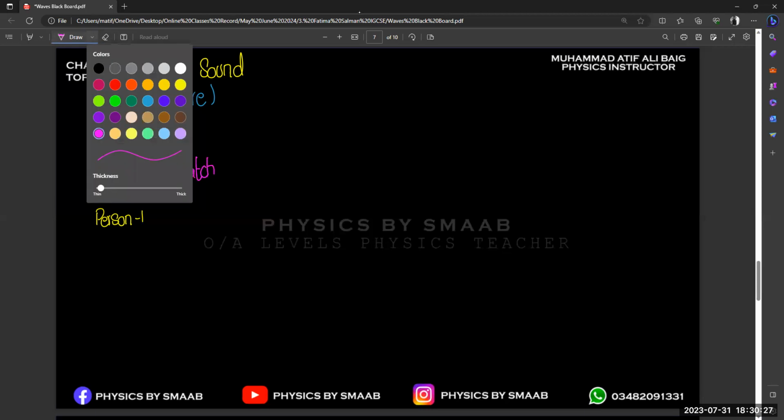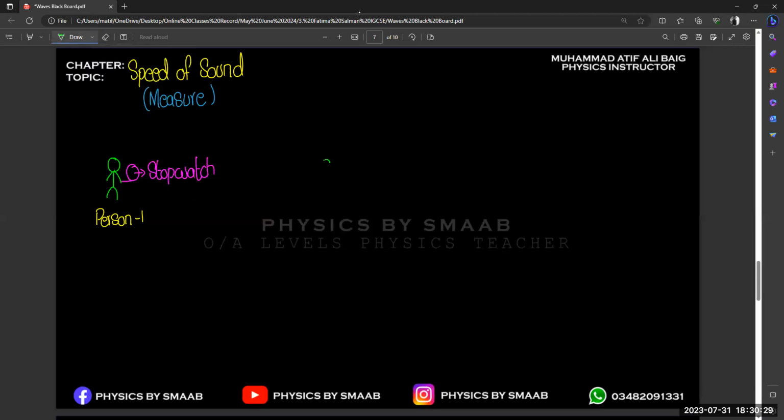On the right hand side we have another person, student number two, or observer number two. The purpose of the second person is to clap. This is our part of the experiment.